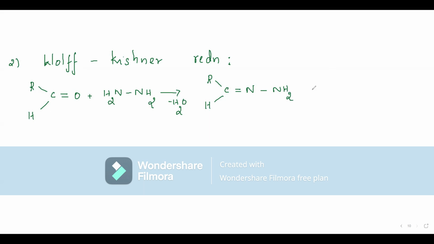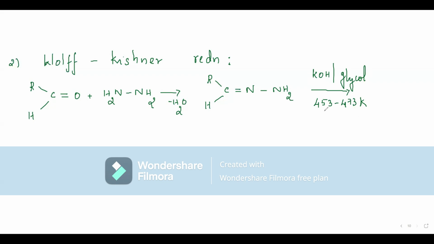That hydrazone is then heated with potassium hydroxide in glycol at around 453 to 473 Kelvin. If you cannot remember the temperature, practice writing a delta, just to show that you are heating, but try your best to remember the temperature.